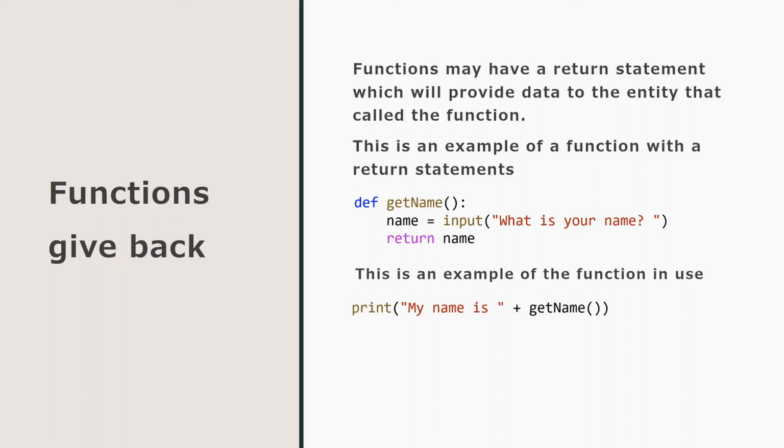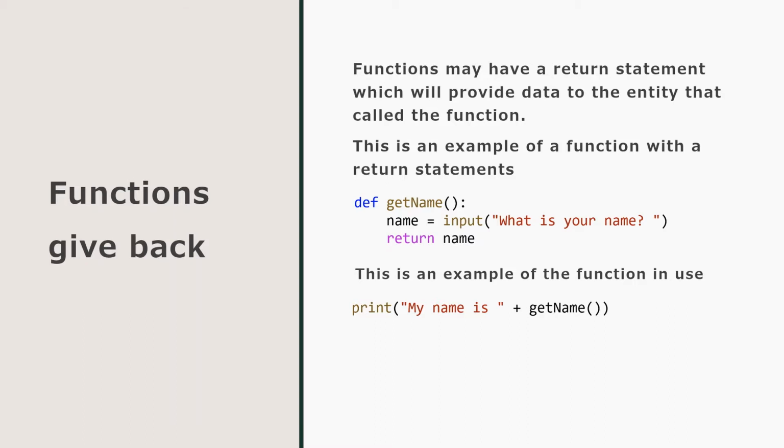Maybe you're printing out my name is, and then you call the get name function to figure out what their name is. And then when that function returns, it returns the name that was provided to it to this line of code. So what ends up printing out is my name is, and then whatever name they provided.